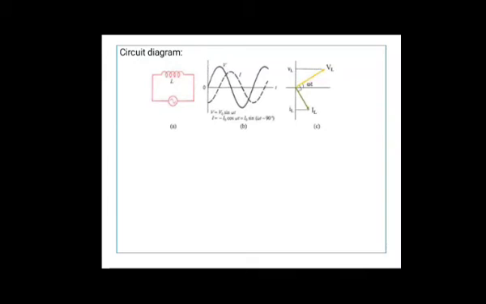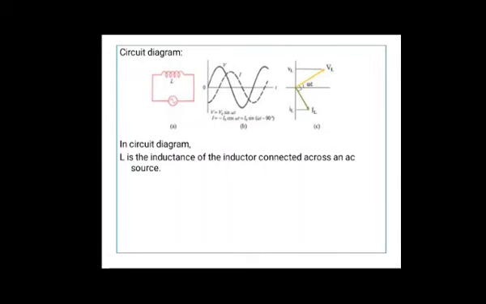For that, first you have to draw the circuit diagram. The first figure is the circuit diagram, the second one is the graphical representation, that is the waveform, and the third one, C, is the phasor diagram. At once you draw all three. In the circuit diagram, first concentrate on figure A. L is the inductance of the inductor connected across the AC source.